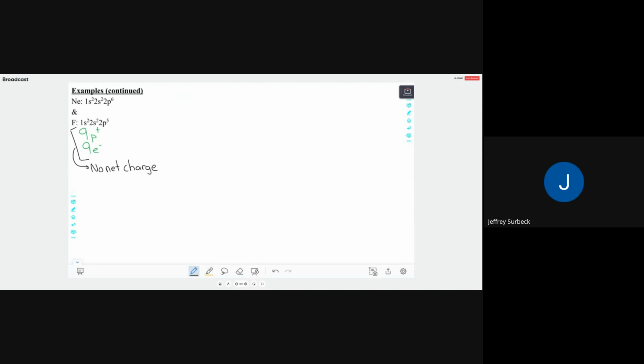but it wants to be like the cool kids club. It wants to be like that closest noble gas, and it wants to gain simply just one electron. How is it going to do it? I'm not going to write this down again, but it's going to obtain that one electron through a chemical reaction.